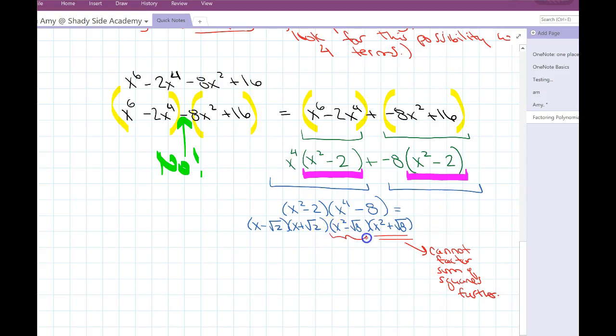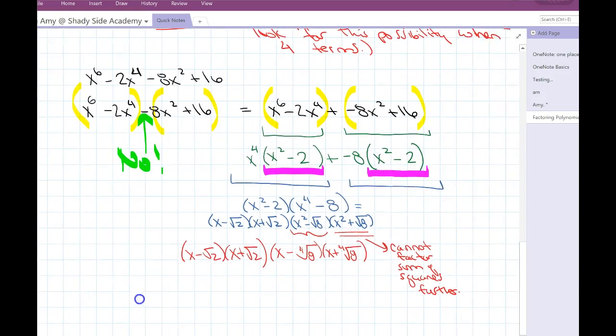However, x squared minus root 8 can be, and this is just, again, a difference of squares. Now, root 8 is just 8 to the 1/2. If I factor x squared minus root 8 further, what do you get, boys and girls? Yes, x minus fourth root of 8 times x plus fourth root of 8, okay? And then these linear factors are still staying here.